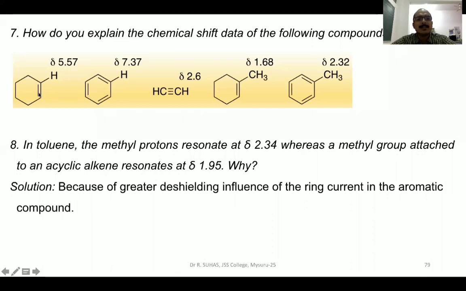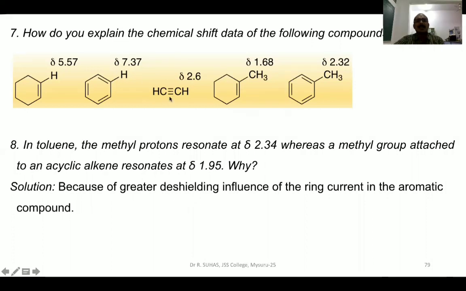This is an aromatic system, whereas this is not; this is cyclohexene. Cyclohexene is not aromatic, whereas this is benzene and it is an aromatic proton. So it is 7 to 8.5. We clearly have the value of 7.37 and this is because of the ring current. This proton is coming in the paramagnetic shielding region.